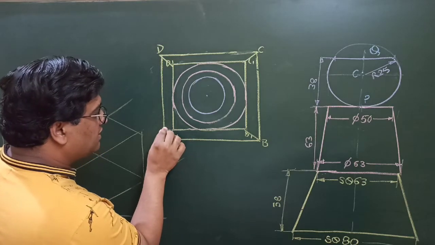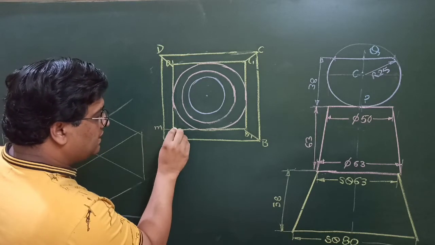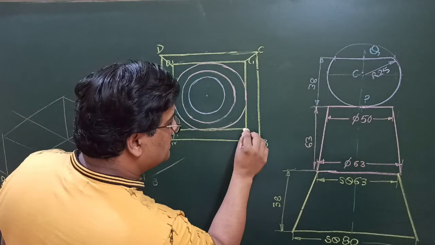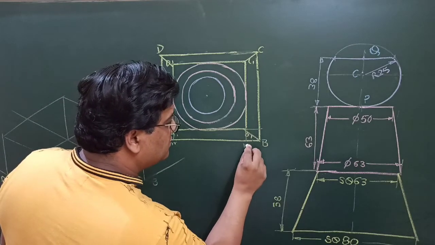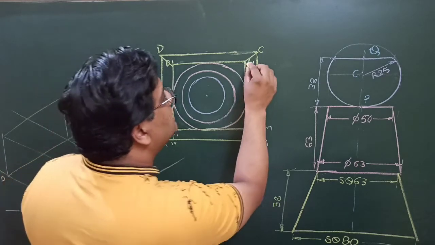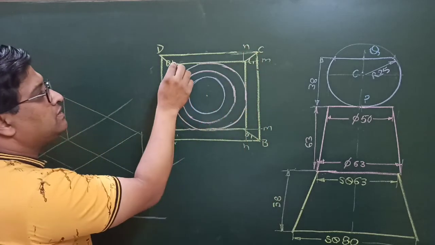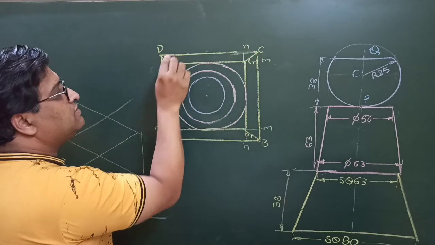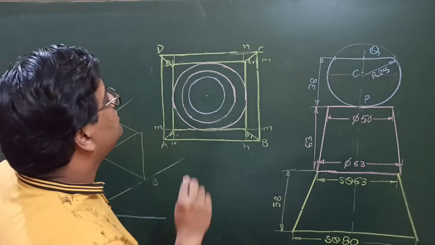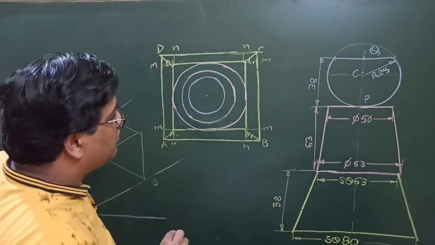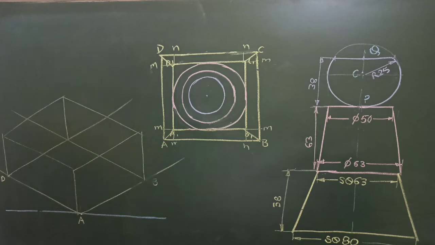So drop a horizontal line here and a vertical line this side to represent N. Similarly this and this, so N, M, this is M, this is N. This method we have already discussed in the first video, that is isometric projection part 1, basic concepts. I will provide a link for that also.